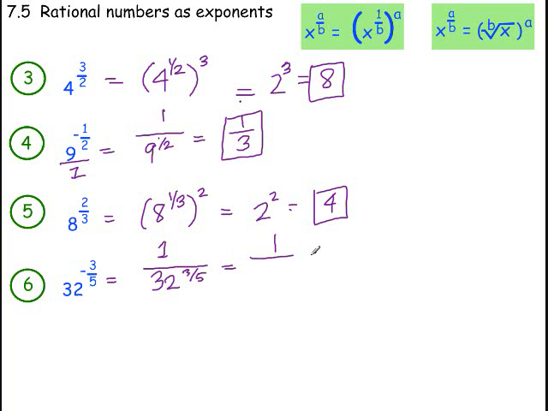Okay, 1 over 32 to the 1/5 power raised to the power of 3. What is 32 to the 1/5 power? You can use your calculator to find that out. Just make sure you show me all these steps along the way. 2 to the third power, 1/8.